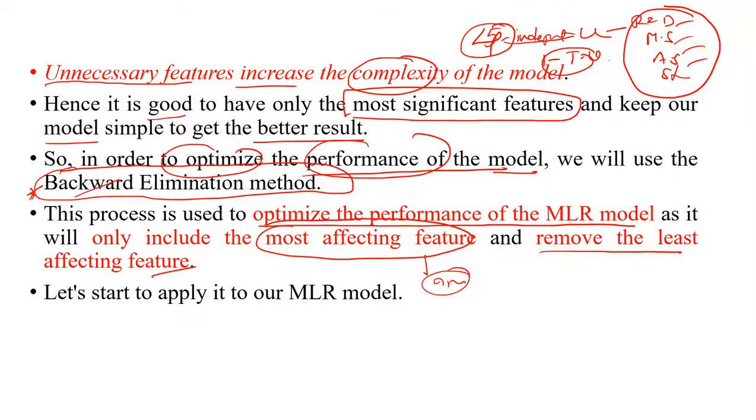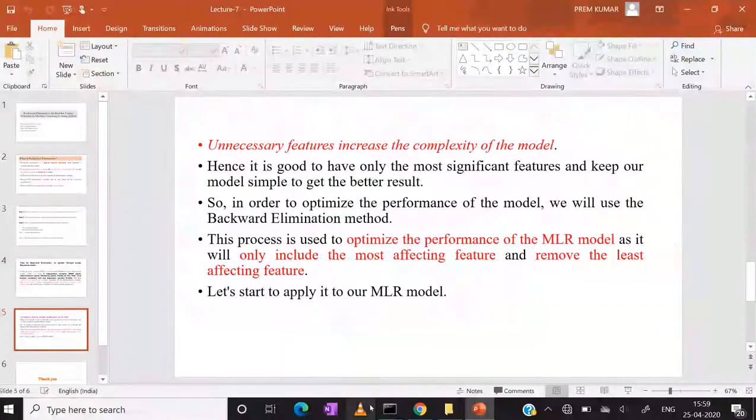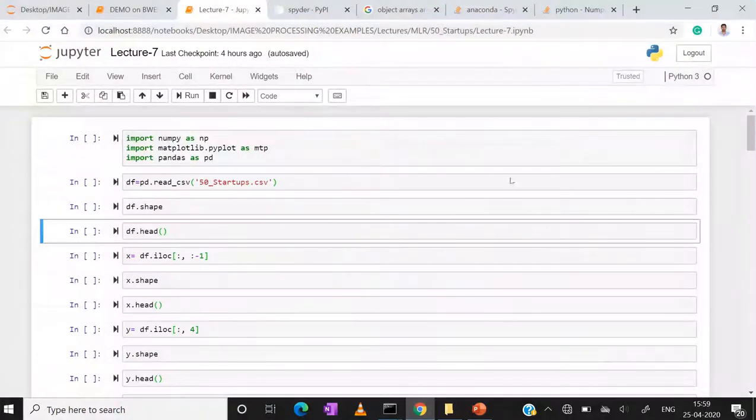Now we have to go to the practical section. Here I am taking the same problem statement. I am not going into detail about this coding concept, as I already explained it in my previous video. Anyhow, I will explain some of the points.